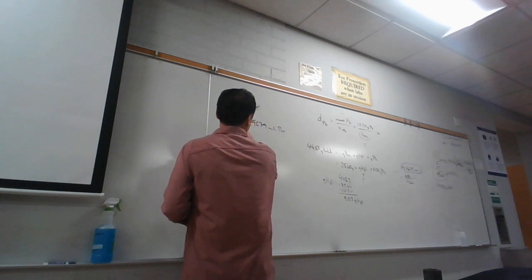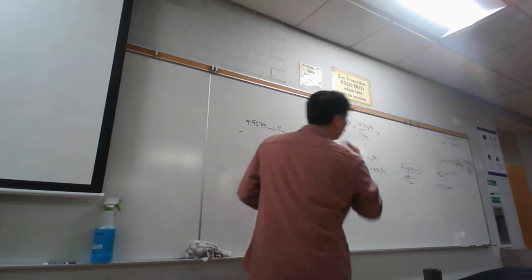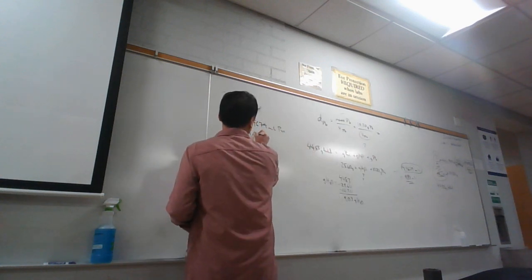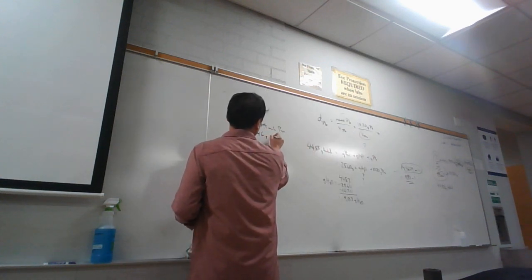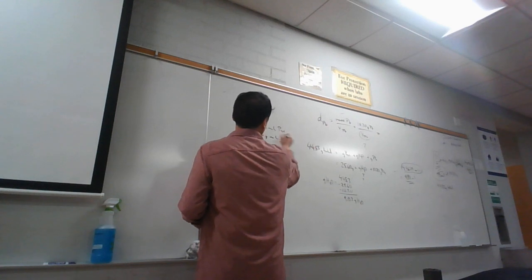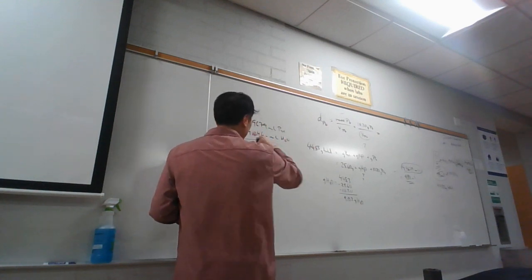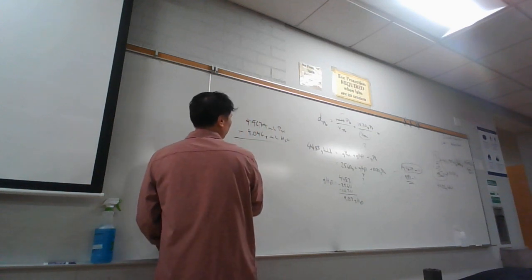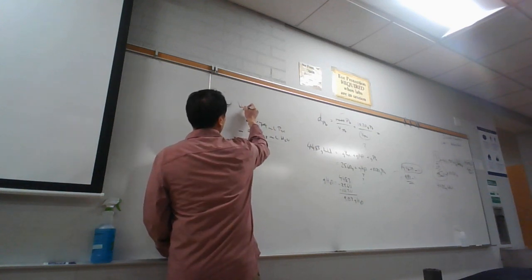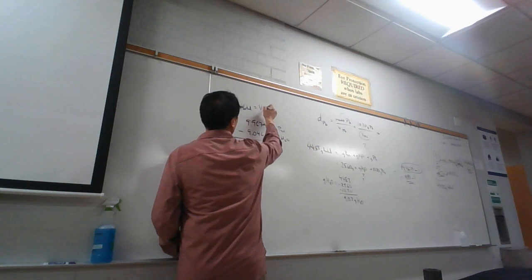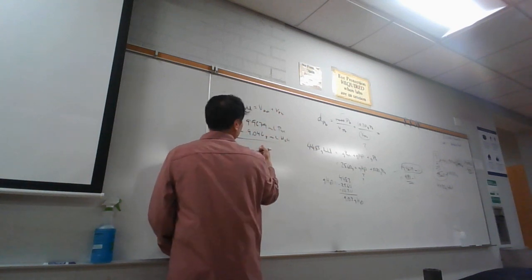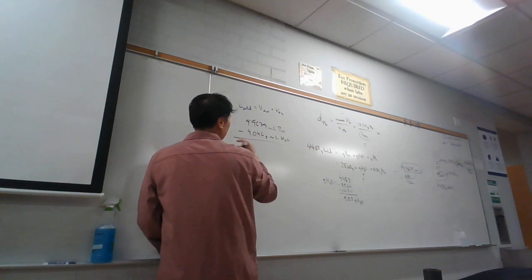And then we're going to subtract the volume of the water, which is 9.0463 milliliters of H2O. If I have the total volume and I subtract the volume of the water, the remaining volume must be the volume of the lead. That is, the total volume is equal to the volume of the water plus the volume of the lead. Therefore the volume of the lead will be just the total minus the volume of the water.